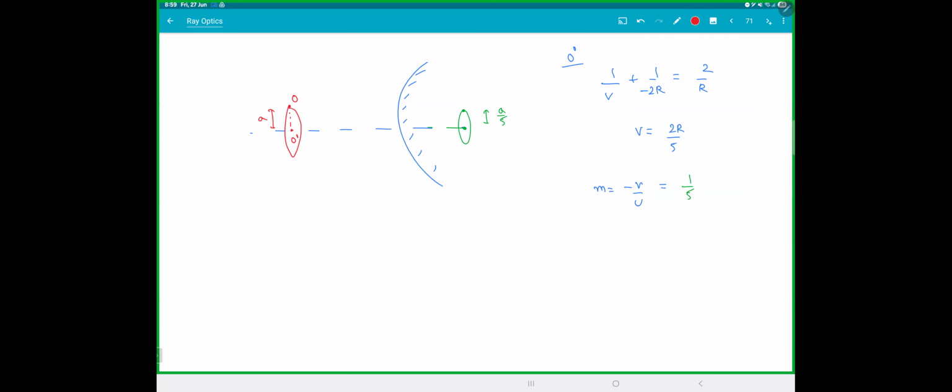So what do the object and image have the same? Same omega, isn't it? They take the same time to complete one revolution. So the object and the image have the same angular velocity or same time period. They don't have the same speeds, because the time taken for one revolution for the object will also be one revolution for the image.